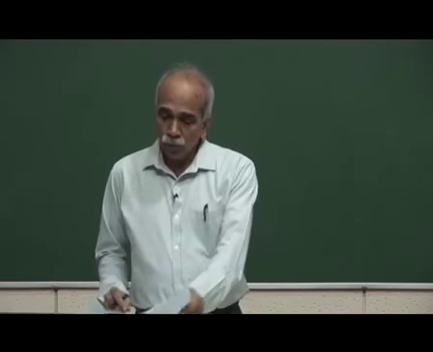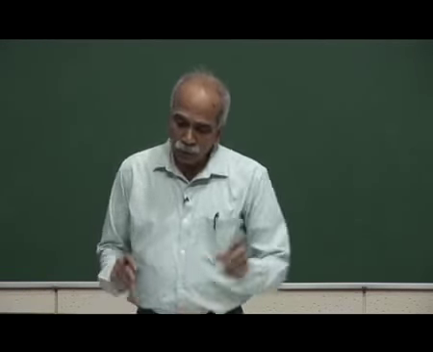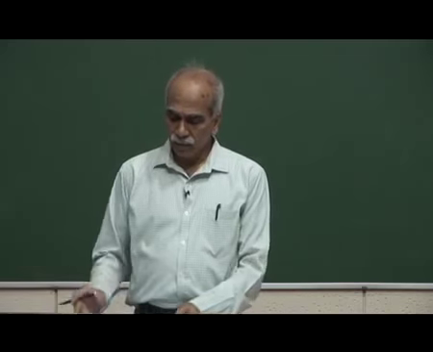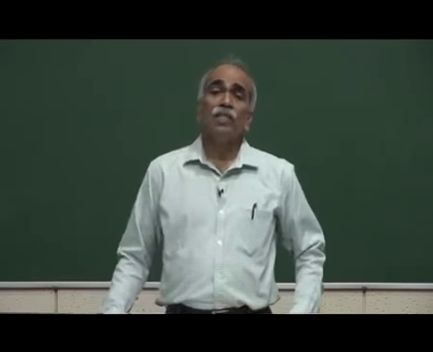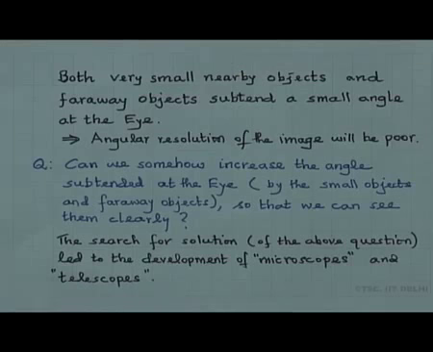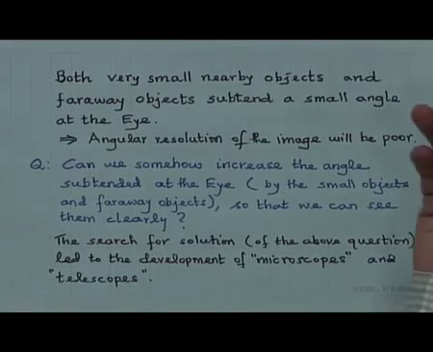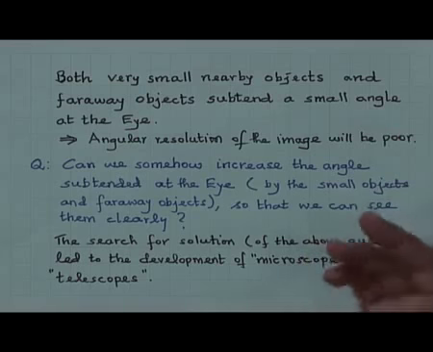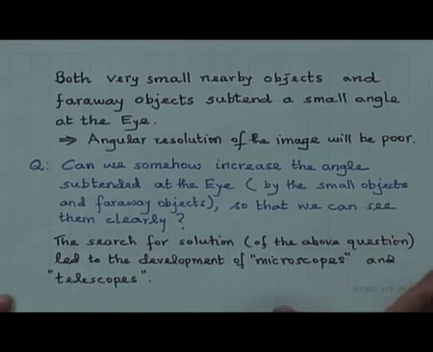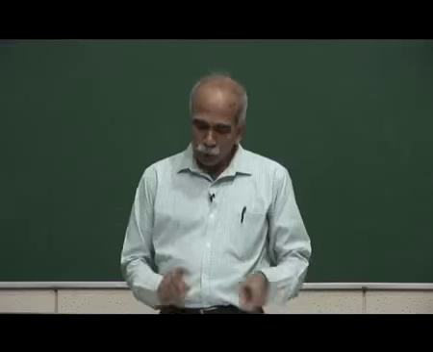Now, both very small objects nearby will also subtend very small angles. So, what I have shown is large objects like sun or moon, celestial bodies which are far away, also subtend very small angles, but small objects.